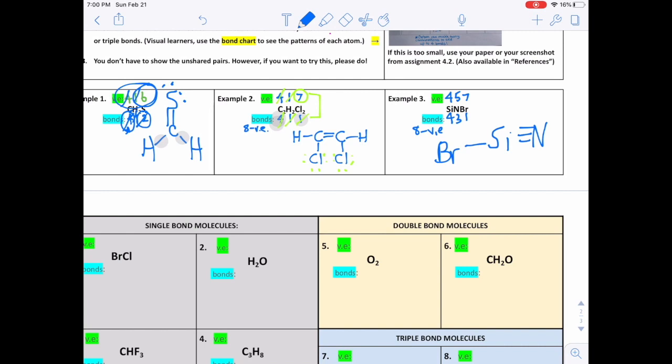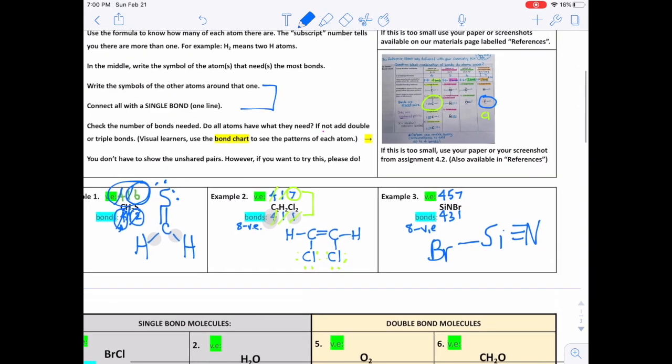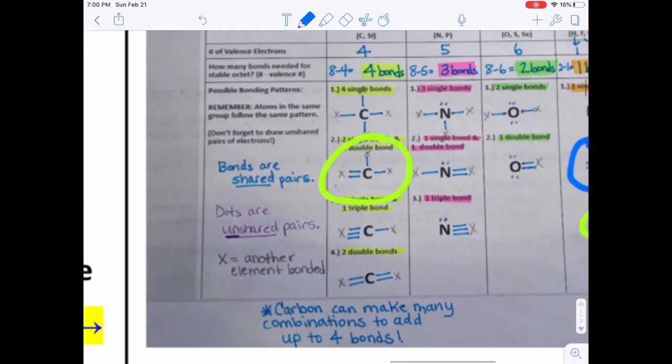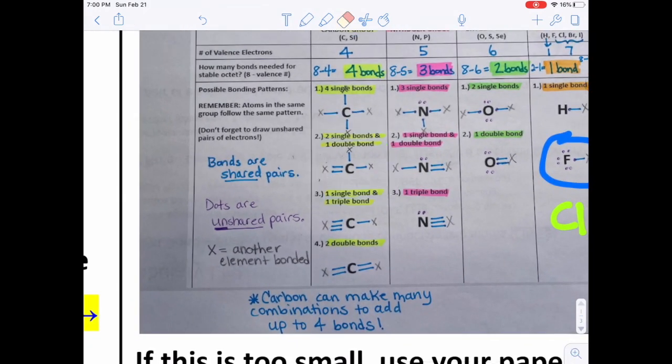So let's check the visual method. Si with a triple and a single. Does that match one of our pictures up here? Remember, Si is like carbon. So there is one with a triple and a single here. And then N can also have a triple.